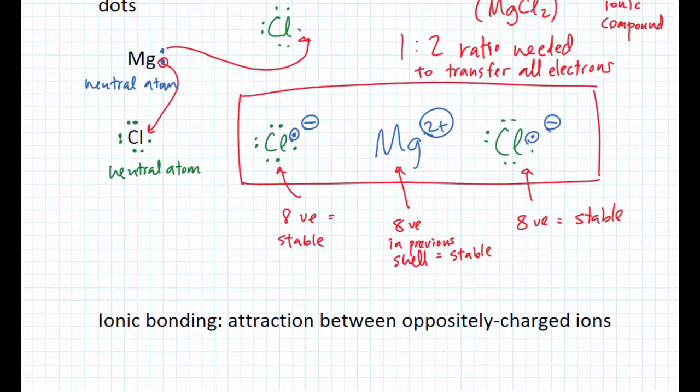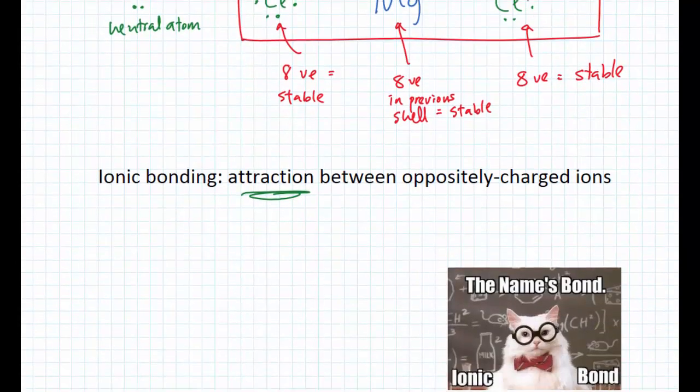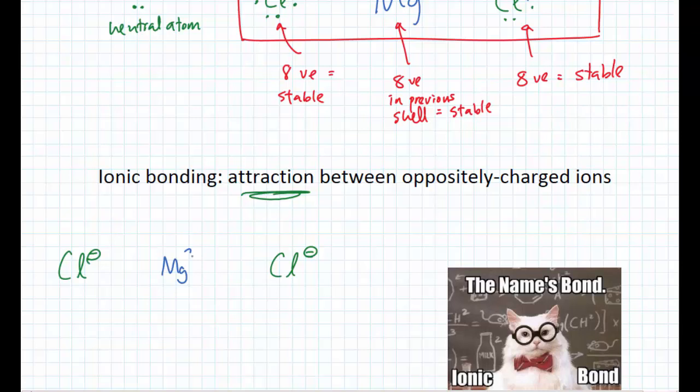What actually holds an ionic compound together is ionic bonding, the attraction between those oppositely charged ions. So if we redraw the chloride ion over here, a chloride ion over here, a magnesium ion right there, they're oppositely charged, so they're going to be attracted.